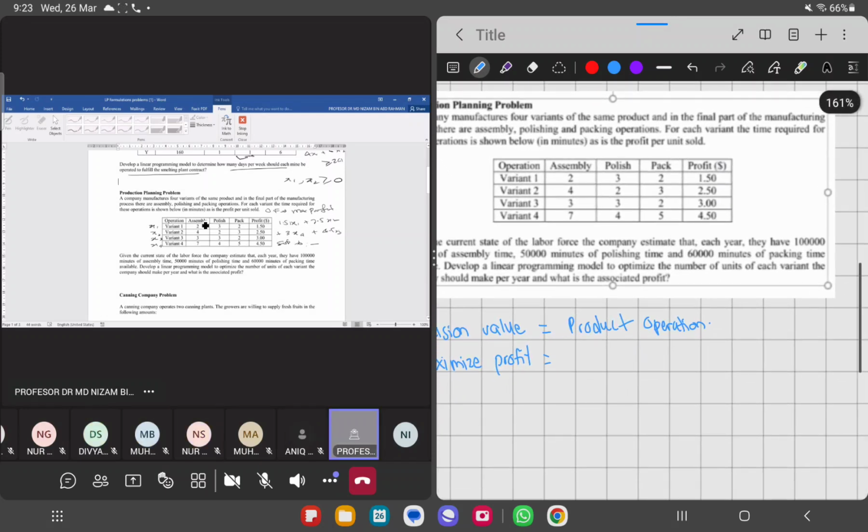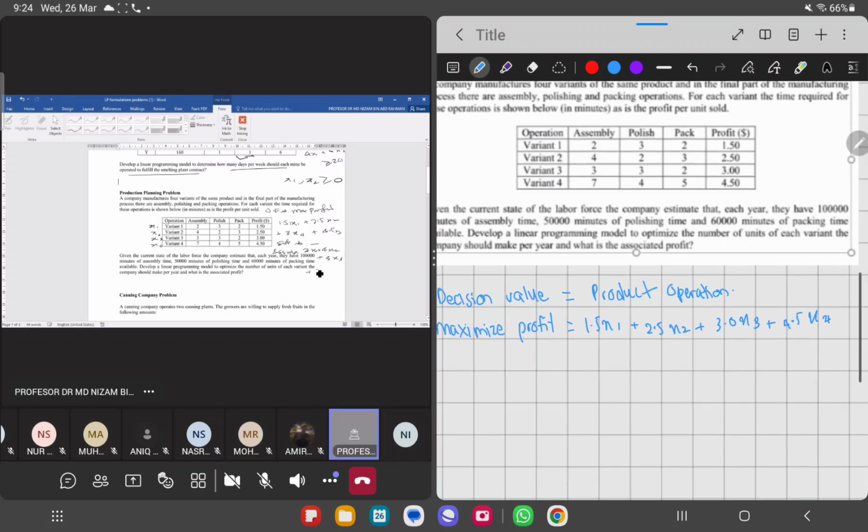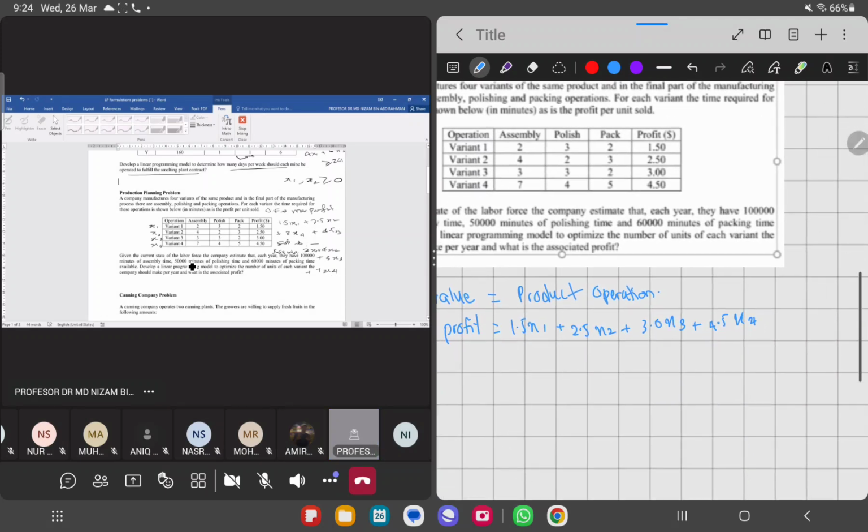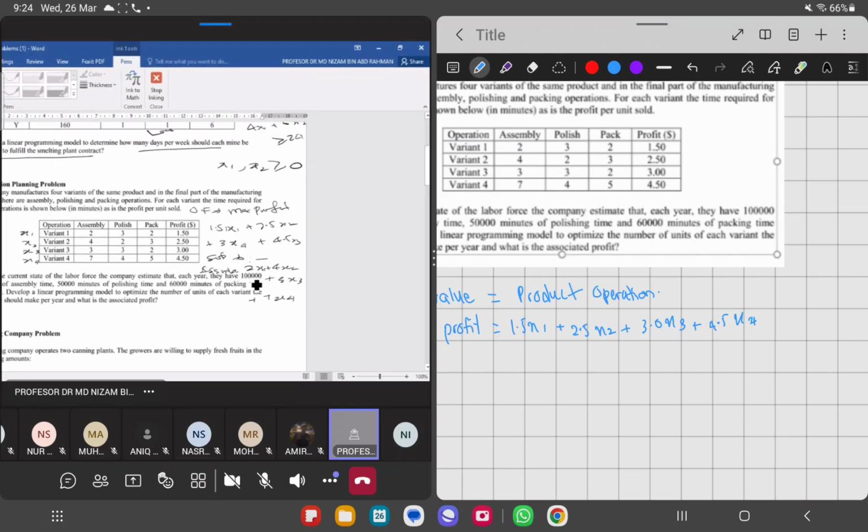What are the constraints? Subject to constraints, the first one is assembly, right? So assembly is basically 2x1 plus 4x2 plus 3x3 plus 7x4, and it must be what? They have only 100,000 minutes of assembly time.